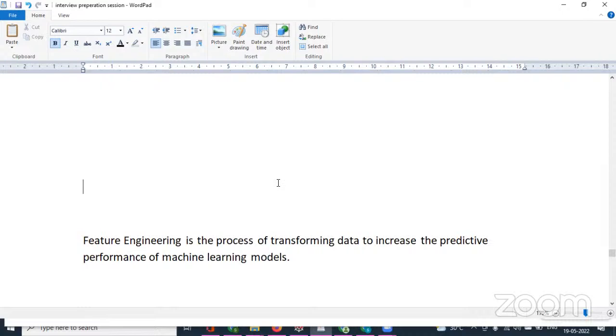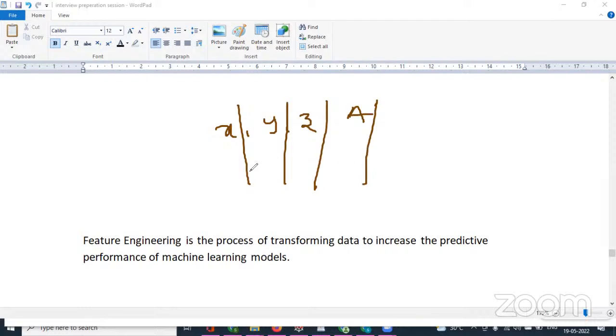Feature engineering is a process of transforming data to increase the predictive performance of the machine learning model. Let me explain this clearly. Let's say you have these independent variables, I mean the inputs, and we have the output as a label. If from these input variables we can make something out of it and create a new feature.